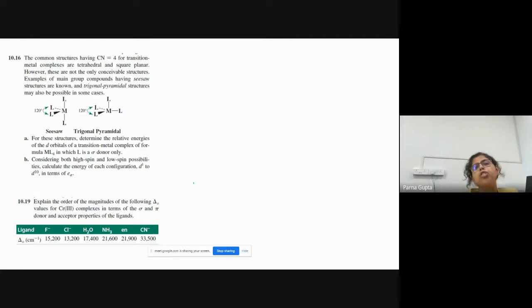If you look at any standard book, and I know you are also looking at standard books, you will see that bonding, electronic spectroscopy, and magnetism are all together.